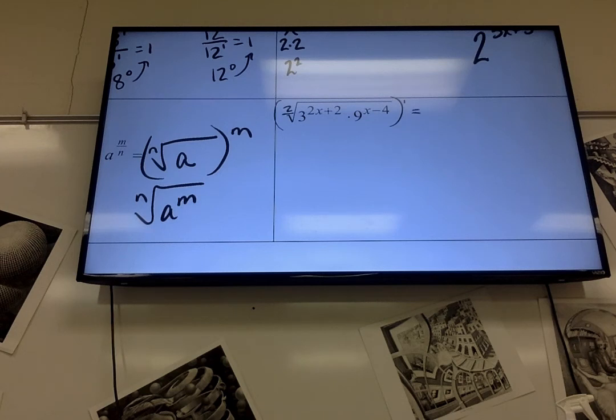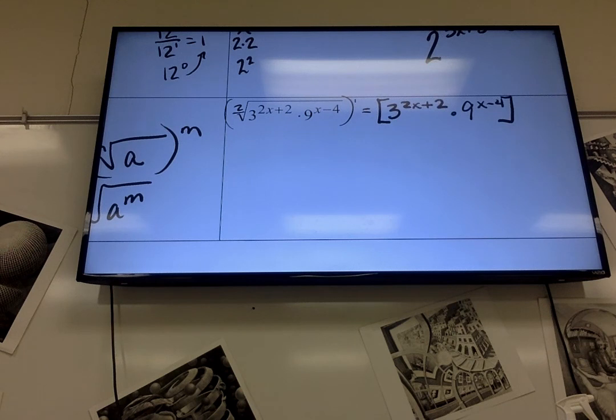So this is the same thing as that raised to the 1 over 2. Square root just means raised to the 1/2 power. And that's going to be super important. We're going to use that one a lot.